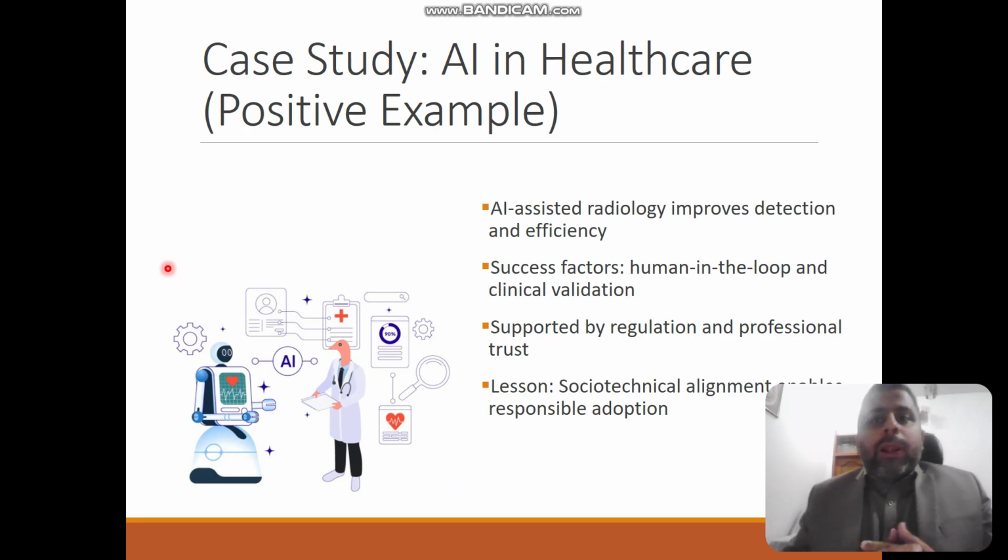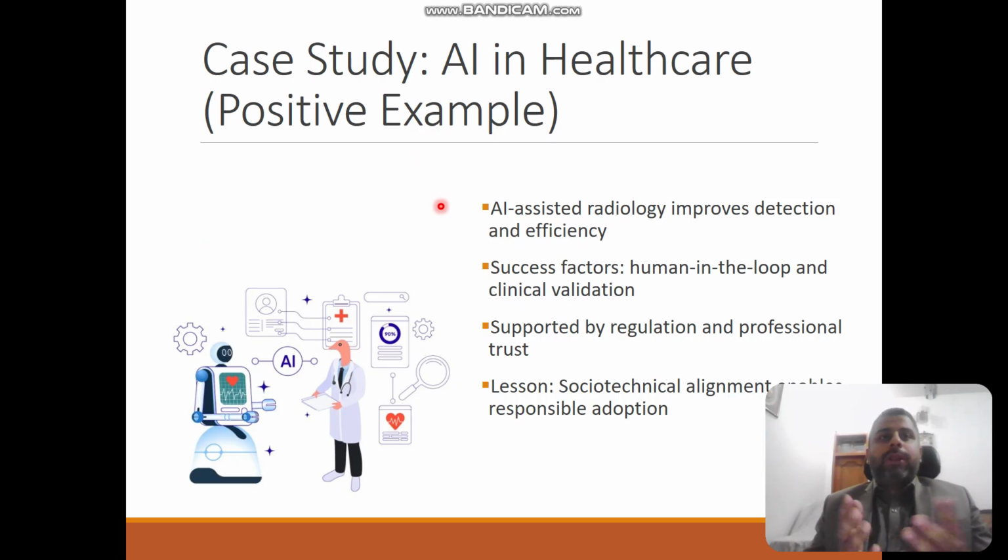There's a positive example as well, where we involve people and make AI in a socio-technical environment, like healthcare. When we make something for healthcare, it is validated by the clinical staff, so that becomes more of a success. If you include people in your AI, that helps make a system which is usable by society as well.